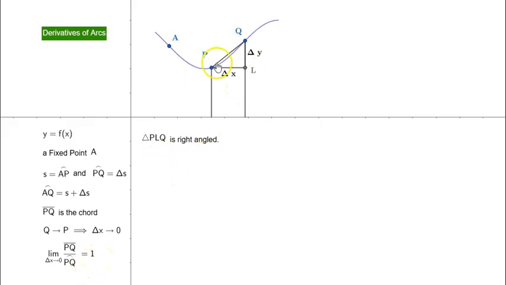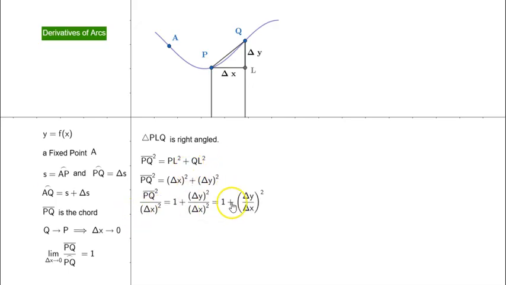Triangle PLQ is a right angle triangle. So chord PQ square is the hypotenuse, so that is the square of that is equal to PL square plus QL square. Or we can say chord PQ square is equal to delta X square plus delta Y square.